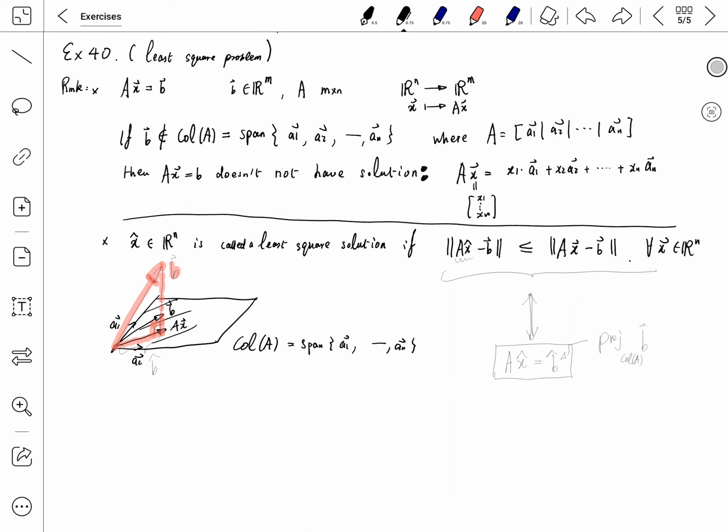And so finally, finding the least square solution is the same as solving Ax hat equals b hat. But how do you solve that, only knowing b and A? So the idea is, what happens if I just put the formula of b hat there?